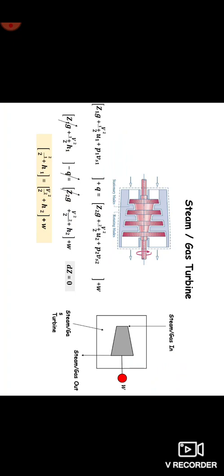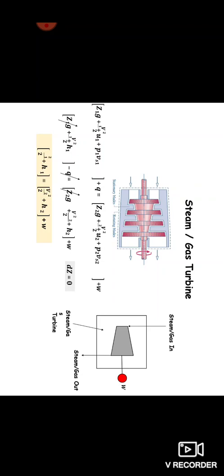Similarly, in case of steam or gas turbine, we have z1 g plus v1 square by 2 plus u1 plus p1 vs1 plus q is equal to z2 g plus v2 square by 2 plus u2 plus p2 vs2 plus w.